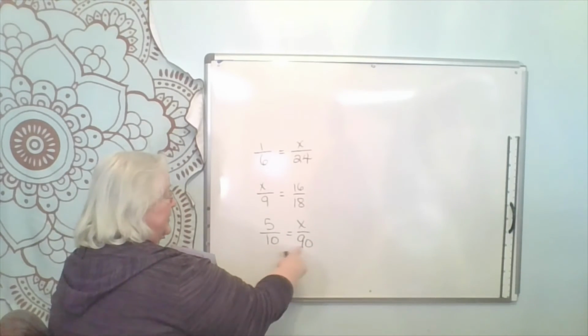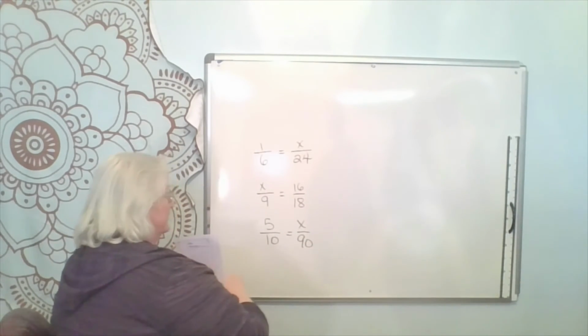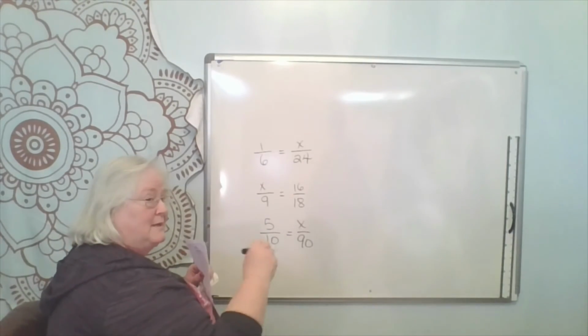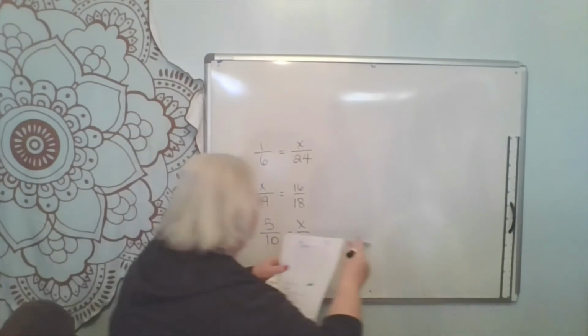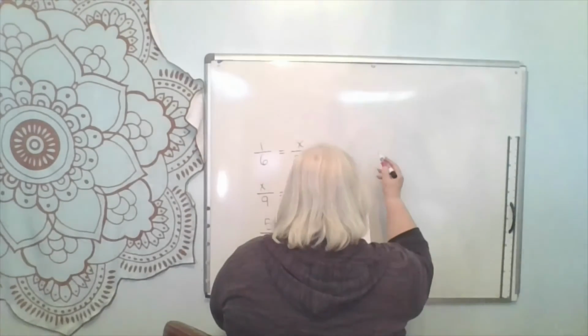Now that looks pretty big, but it's pretty easy. So just say what times 10? 10 times what gives you 90? That's pretty easy. I'm going to give you a couple more, and then I'll move out of the way.